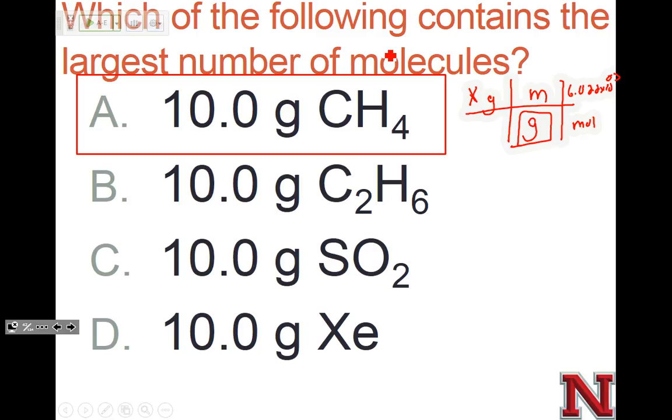So when we calculate CH4, we see that that's going to be 16.033 AMU. C2H6. Again, you should be able to do these on your own, so pull out your periodic table when you get home and go through them.